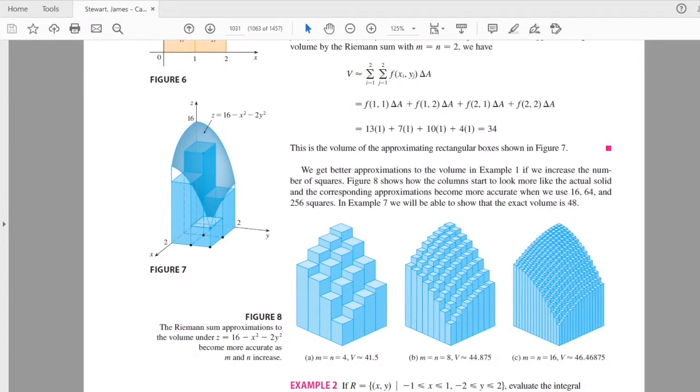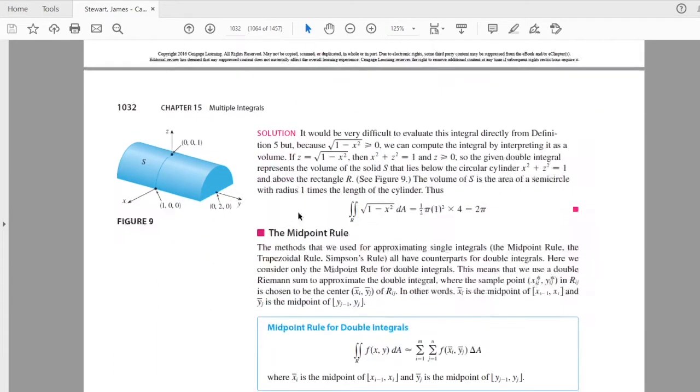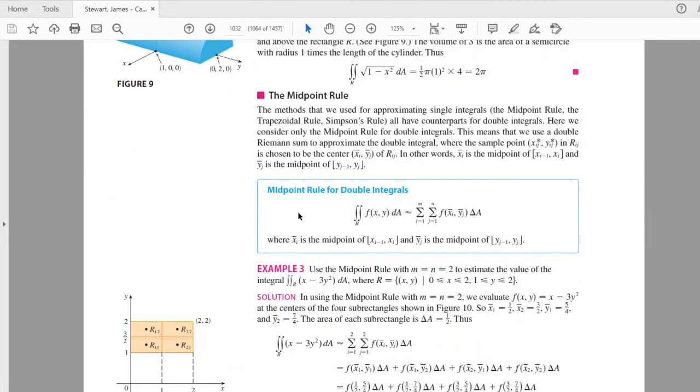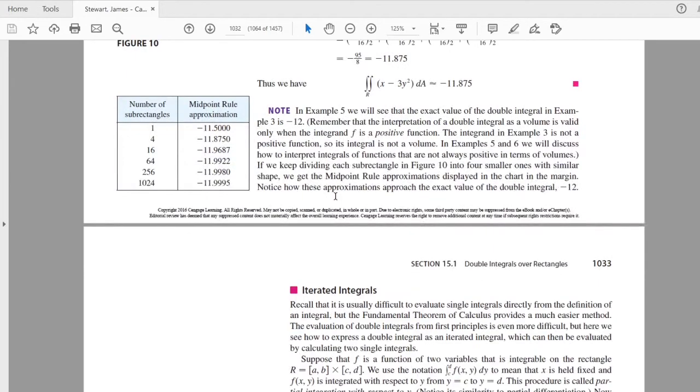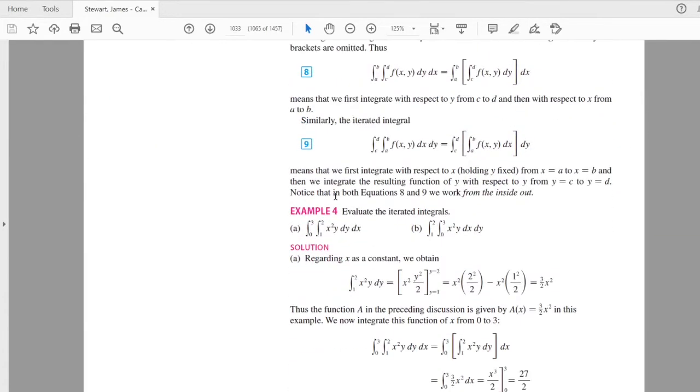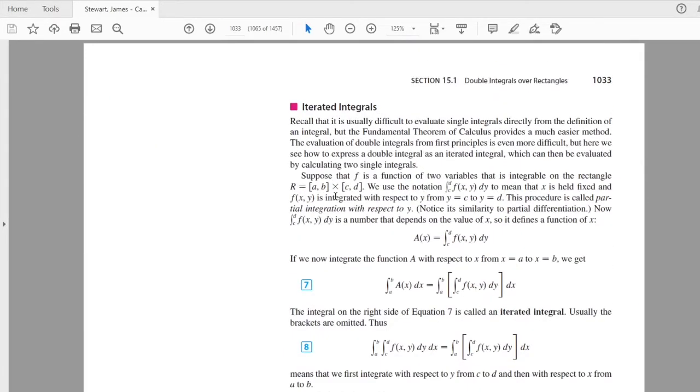Let me take a look here real quick before I start writing stuff down. Yeah, here we go. So you've got your midpoint rule. I'm going to let you read through all that and iterated integrals.